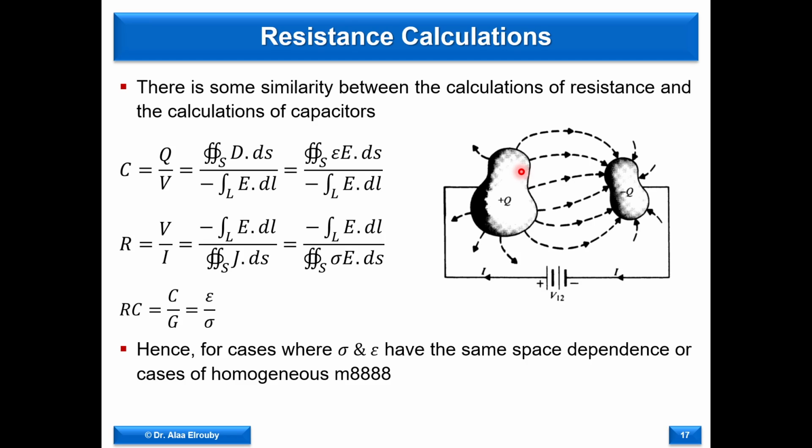So if we know the capacitance of a setup, we can also calculate the resistance of this setup through this similarity between C and G, or C and 1 over R, proportional to epsilon and sigma.